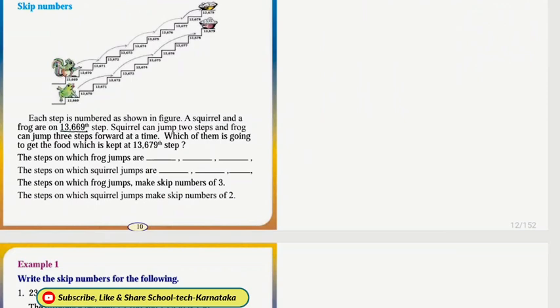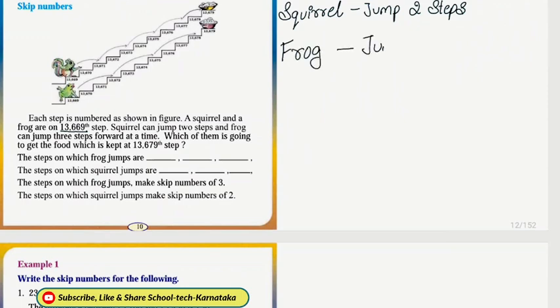The squirrel can jump 2 steps and the frog can jump 3 steps forward at a time.